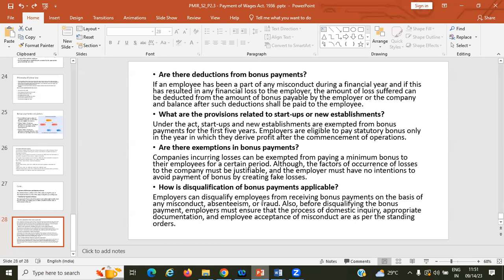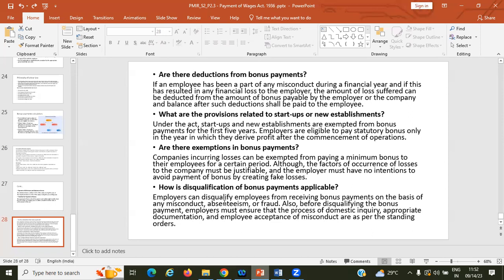How is disqualification of bonus payment applicable? Employers can disqualify bonus for certain employees. Suppose, see here you read, employers can disqualify employees from receiving bonus payment on the basis of any misconduct we studied in the first point.